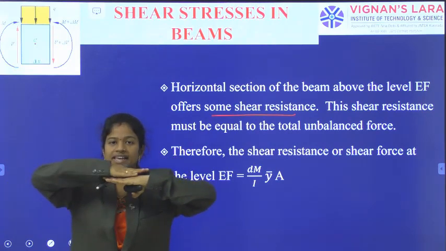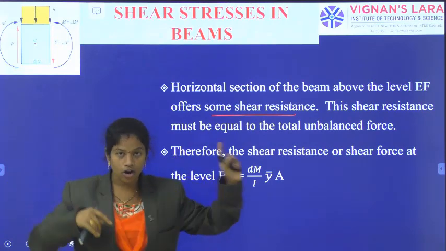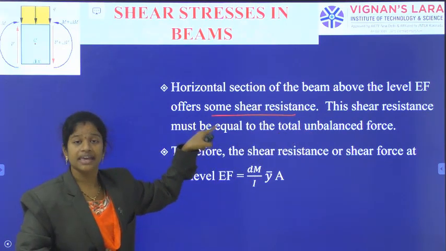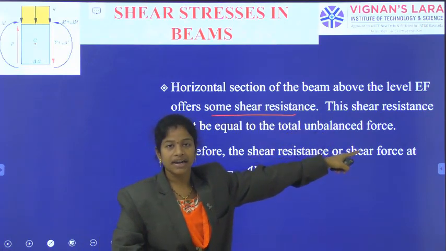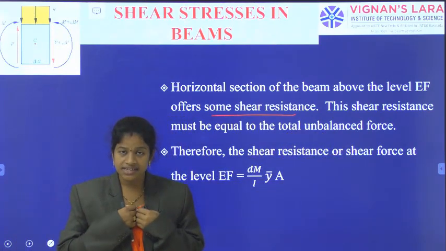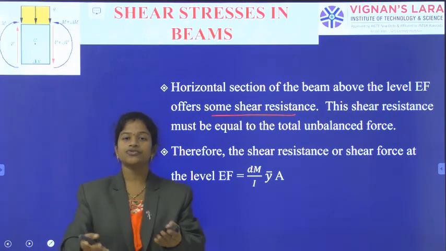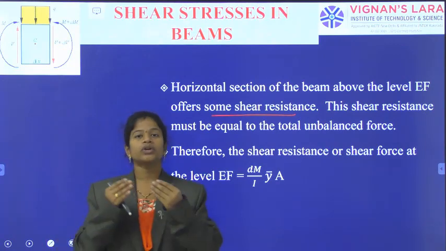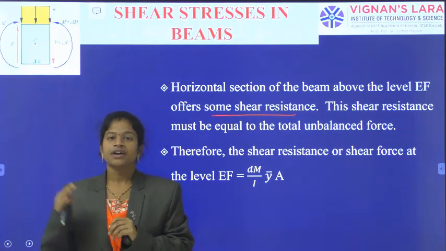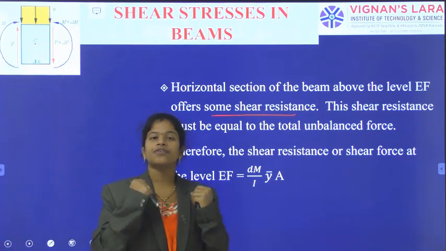So the horizontal resistance will be offered at the level EF. This shear resistance must be equal to the total unbalanced force. How much resistance I am giving, that much should be equal to how much force I am getting. So the total unbalanced force acting is equal to the total resistance offered by the body.